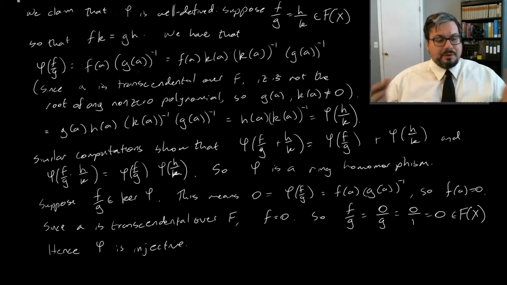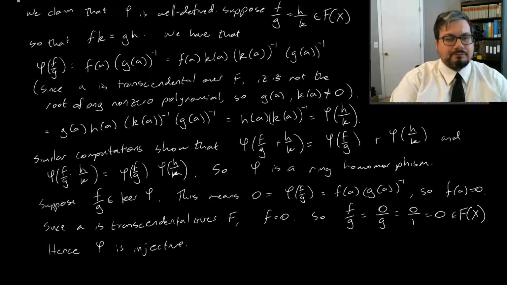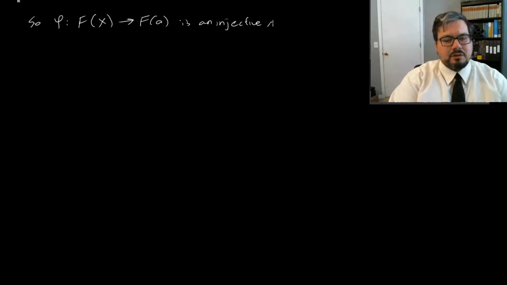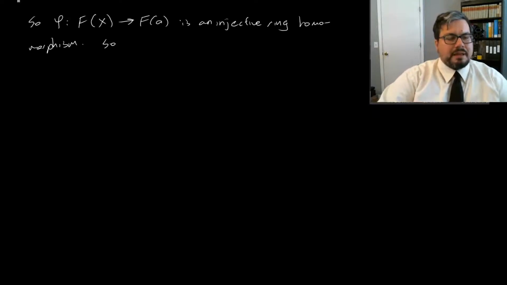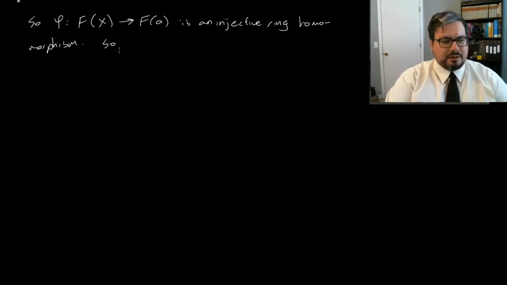All right, so we've got that phi from F(x) to F(a) is an injective ring homomorphism. In particular, we may note the following further.